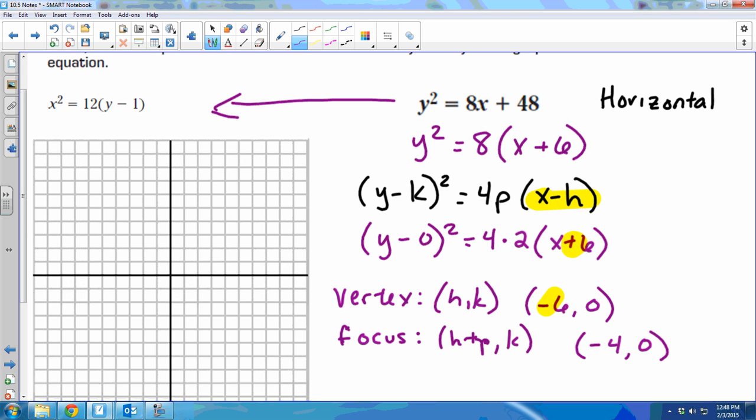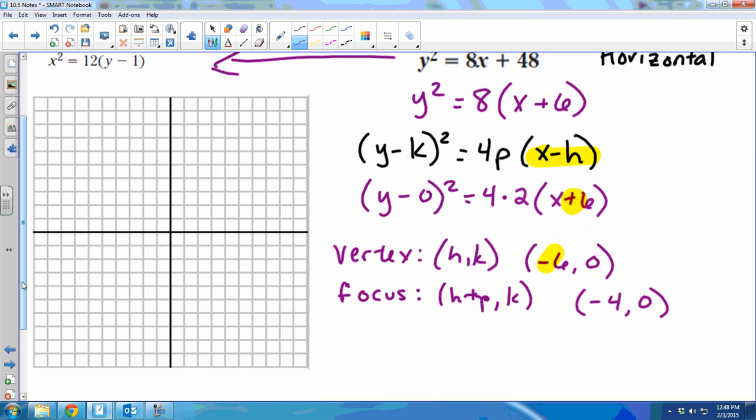We're good? Axis of symmetry is then at y equals k. So that's y equals 0. And our directrix is at x equals h minus p.